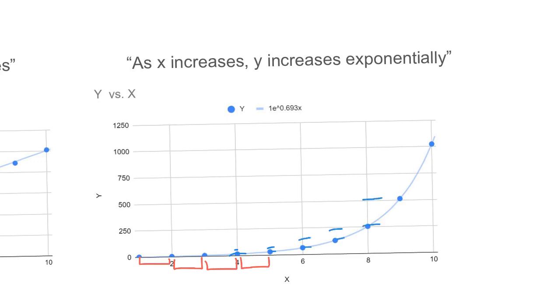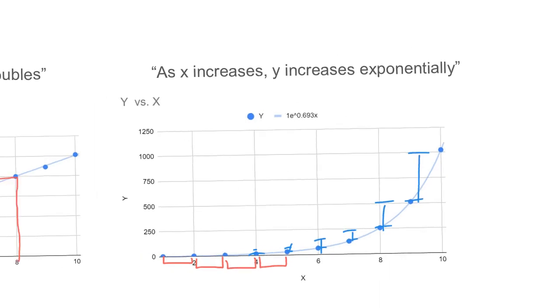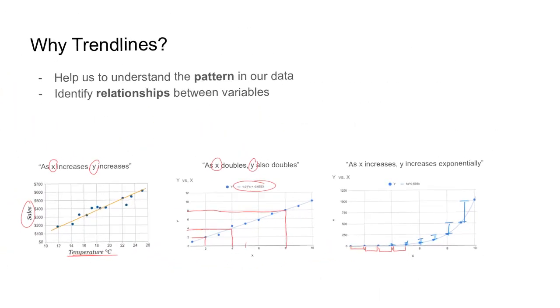And over time, our y is increasing by more and more. This is a very important relationship to be able to see: y doesn't linearly correlate with x, it's a different type of relationship. With trend lines, they're going to help us to identify what's going on in our data so that we can understand better how this data really applies to a real life situation.